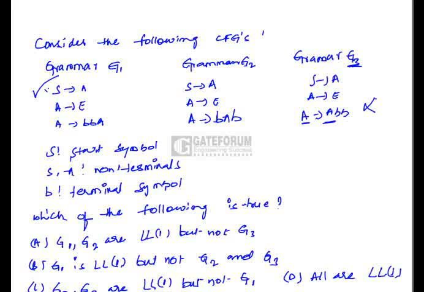So whenever there are multiple entries in the parsing table, the grammar is not LL1. So here G2 is not LL1. So the only grammar which is LL1 is grammar G1. So here the correct option is option B.